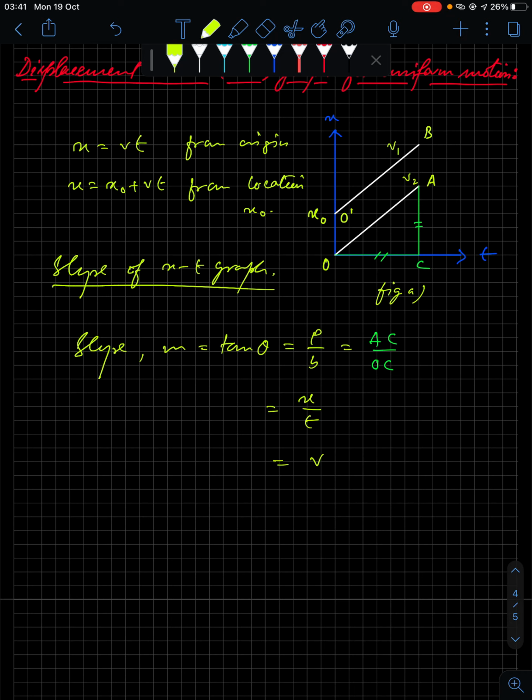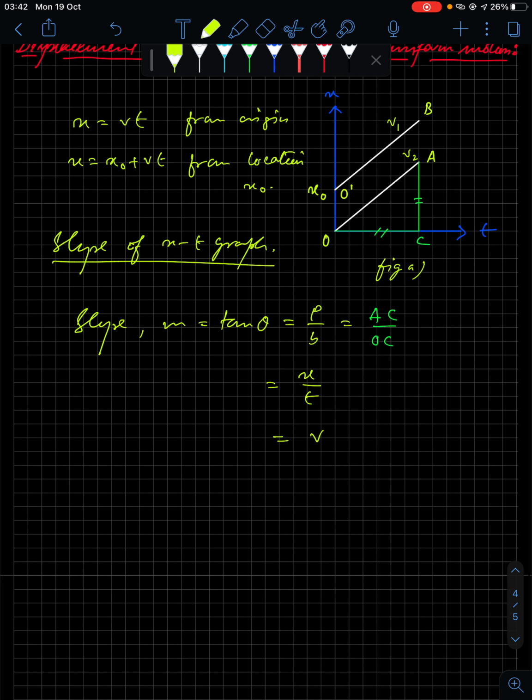So when a body is traveling with a constant velocity in a straight line, its velocity and its speed will remain the same. If the body is changing directions, then speed could be constant, but velocity will not be constant because it is changing direction. Anyway, those things were discussed in the previous class.